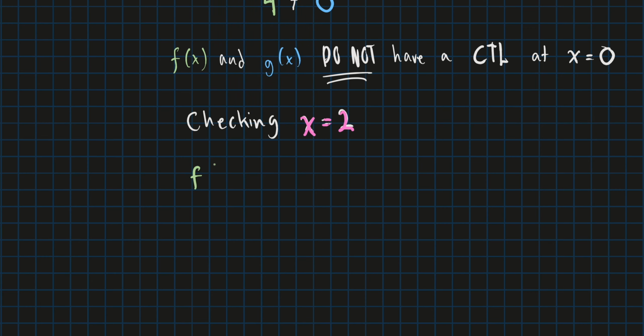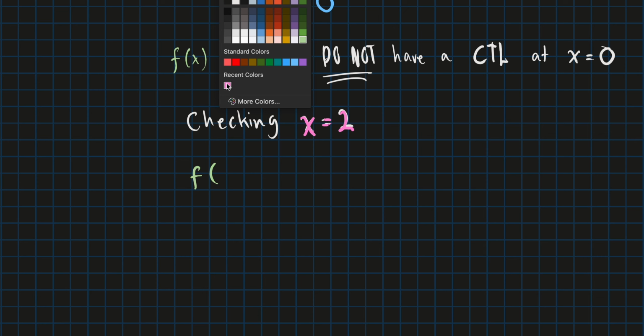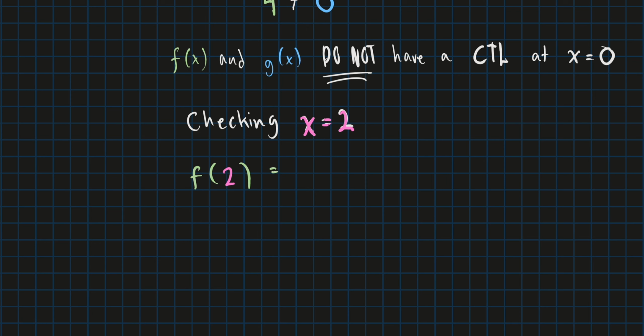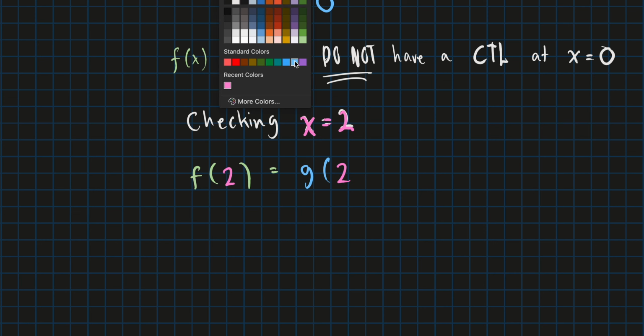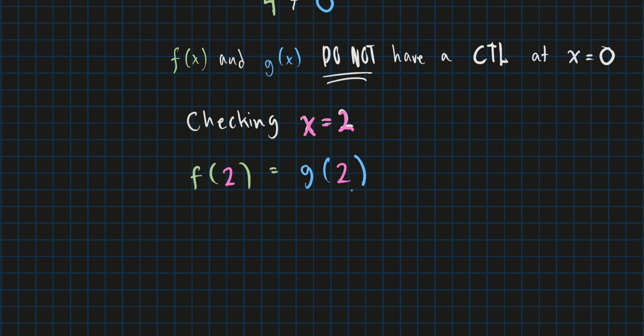So we're checking that f of 2 is equal to g of 2, because we already know that these two functions have the same slope at this point for the tangent line. If they pass through the functions at this point, at the same y-coordinate, essentially we were finding the y-coordinate, right, by plugging in f of 2 and g of 2.